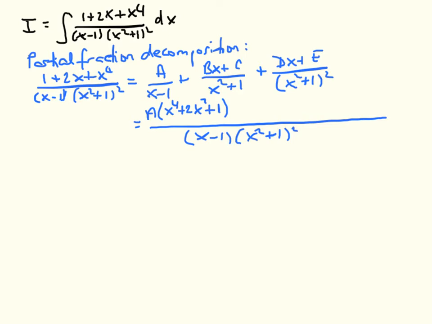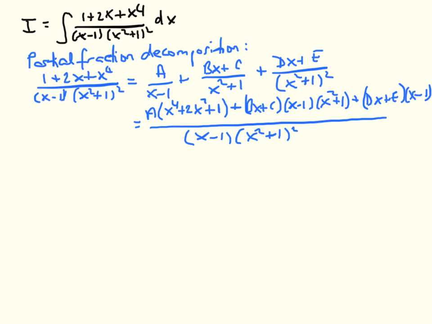And then we have bx plus c times x minus 1 times x squared plus 1. And finally we have dx plus e times x minus 1.